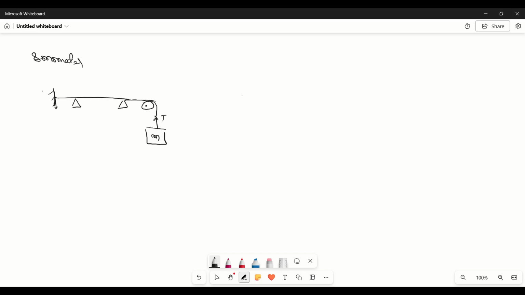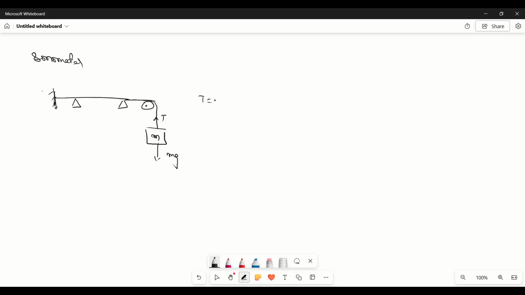As you consider this diagram of the sonometer, when we place it in the air, observe that the tension is represented in terms of weight, T equal to mg.